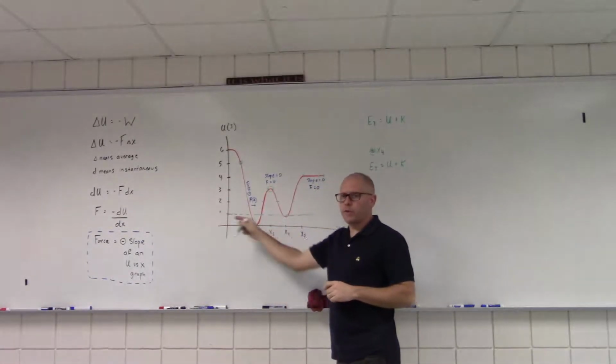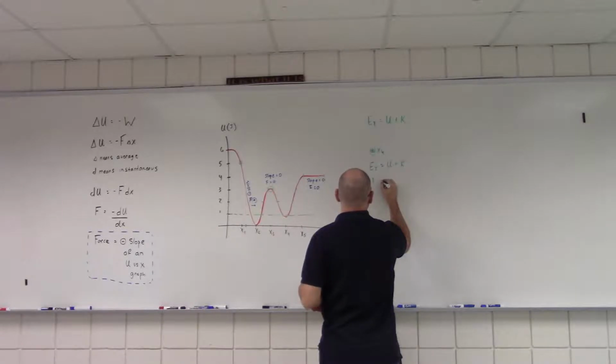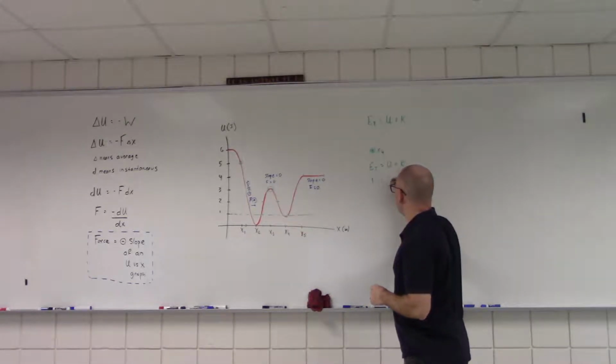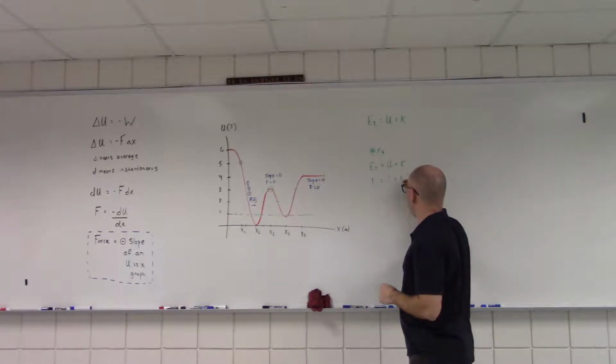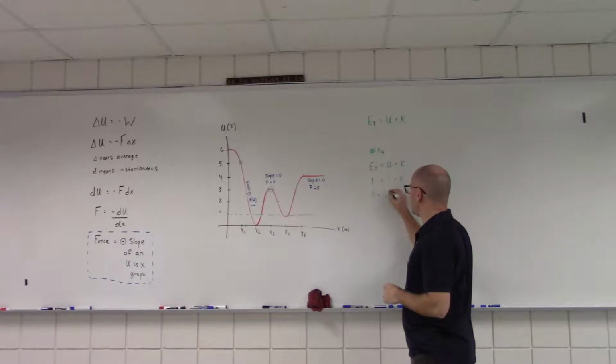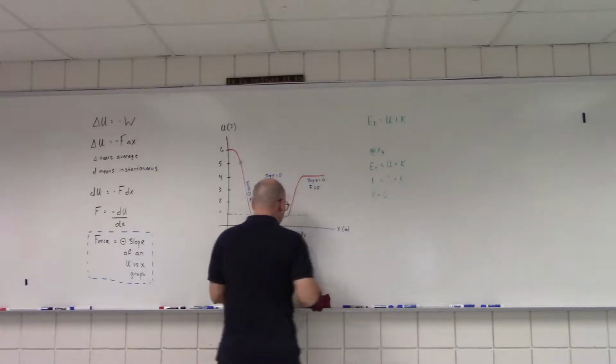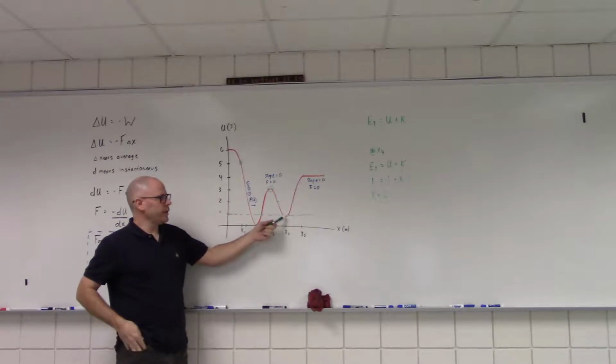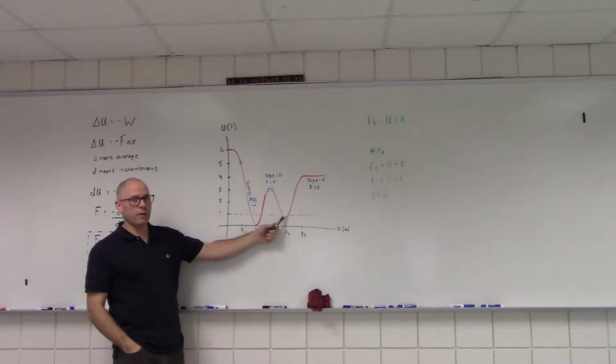If I make our total energy 1 joule, at x4, this is 1 plus k. That means that the kinetic energy is equal to 0. This is an interesting situation because if you're at x4, you're not moving at all.